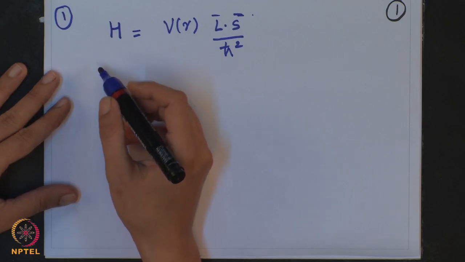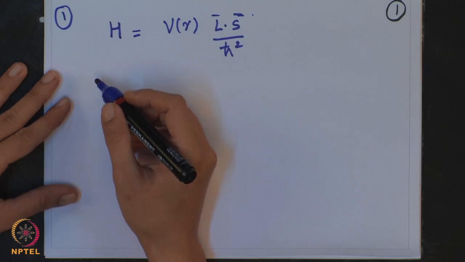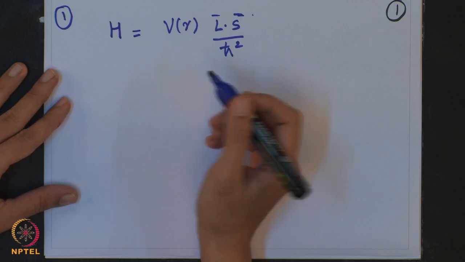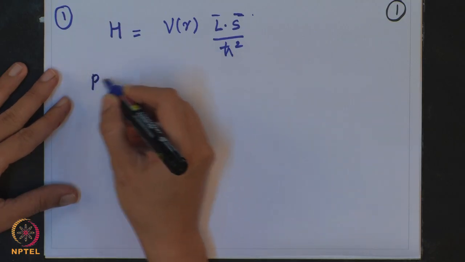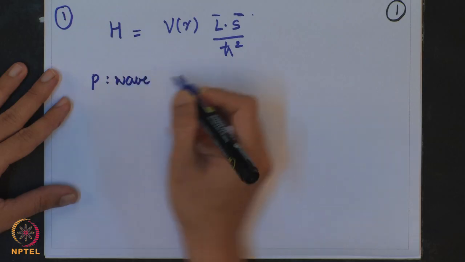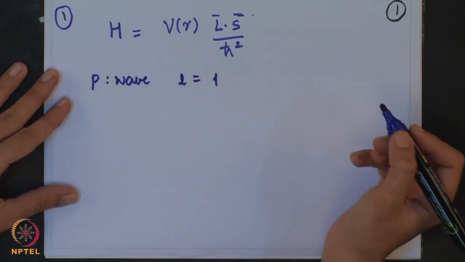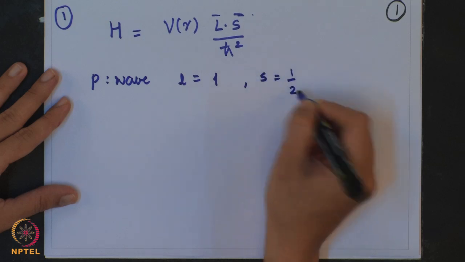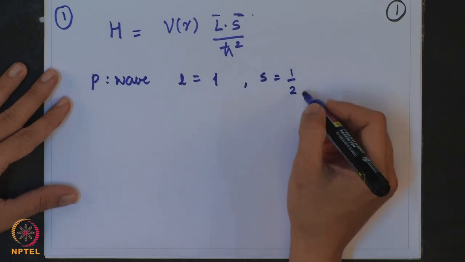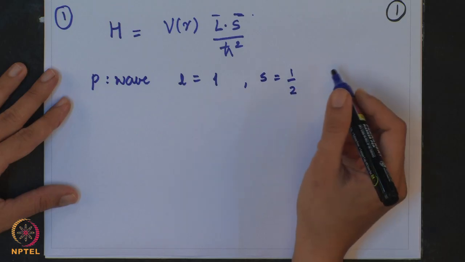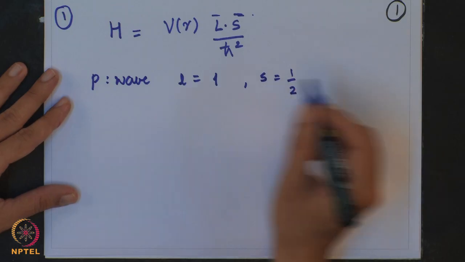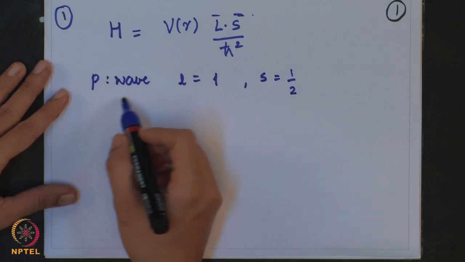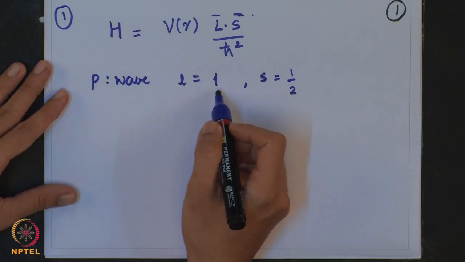In this problem you are asked to find out the energy of the LS system, that is the coupled system for P wave. So, what do you mean by P wave? When you talk about P wave, L is equal to 1, okay. So, we have L is equal to 1, S is half. We know that spin can take value plus half or minus half for this coupled system.